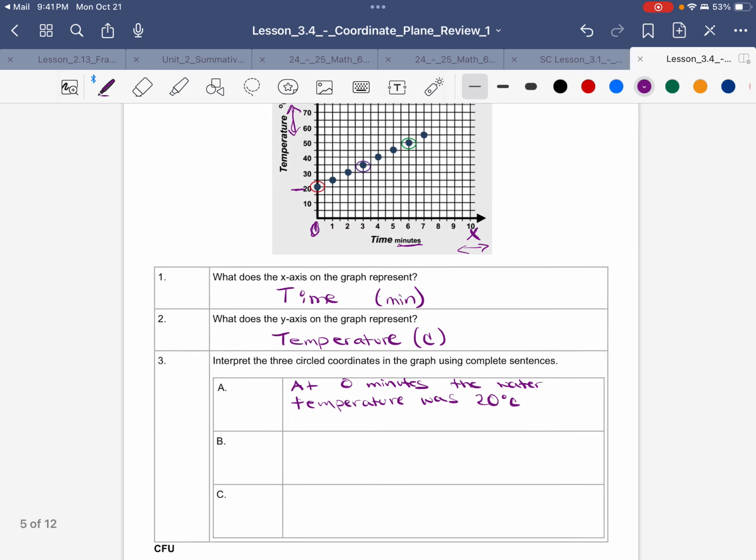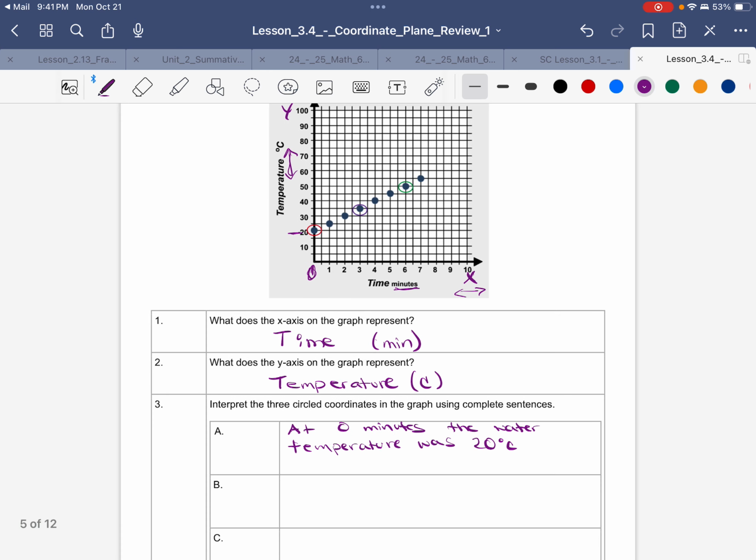Now B, our second point was here. So this is at 3 minutes. Our water was at, and this is important here. So look, it's not 30 and it's not 40. It's right in between. So you have to use your good math analytical skills to know that that's 35 right in the middle.